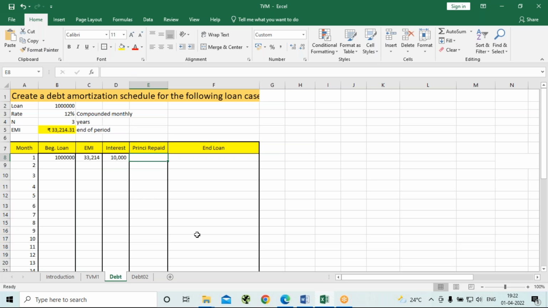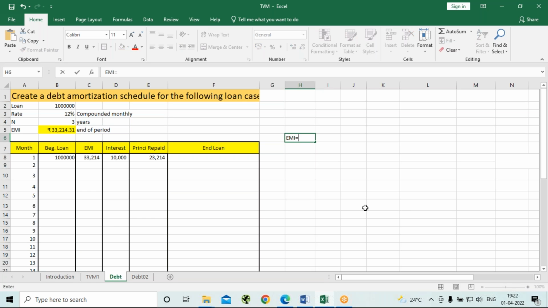The next is principal repaid. So this will be equals to the EMI amount minus interest amount, because EMI, I'll just write it over here.